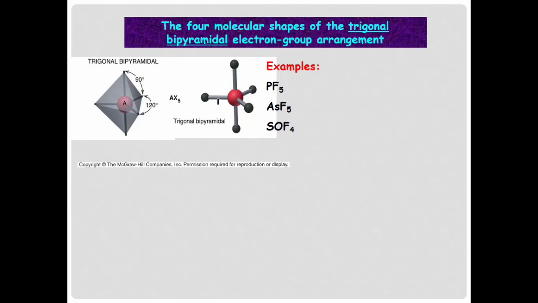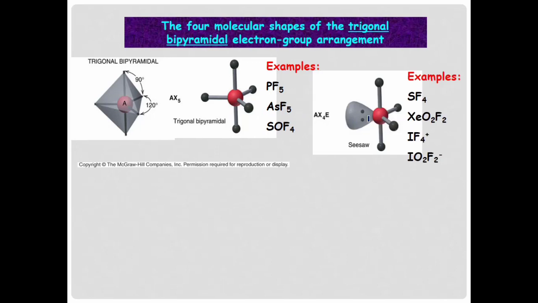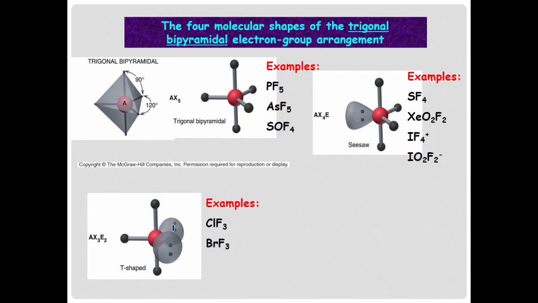Alright, we go to the trigonal bipyramidal. Trigonal bipyramidal has two angles, 90 degrees and 120 degrees. Okay, if you remove one of the terminal atoms, it becomes seesaw, or distorted tetrahedral. Examples are SF4, XeO2F2.